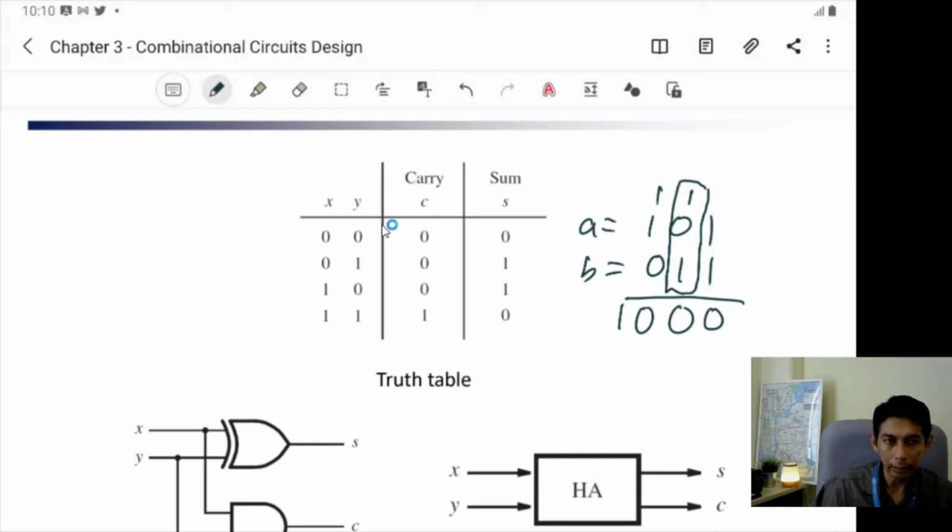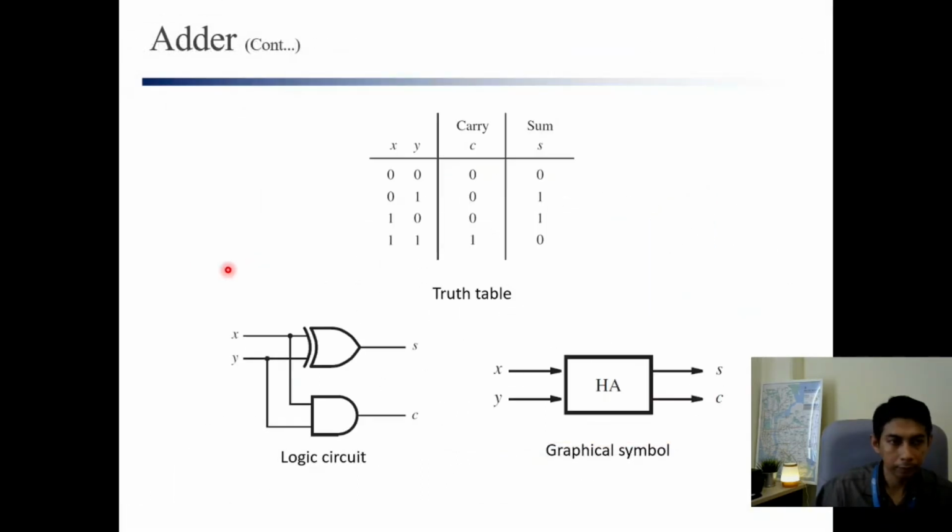In this case we have only 2 inputs. Now we need to have 3 inputs in order to do this. That is why we need what we call a full adder.